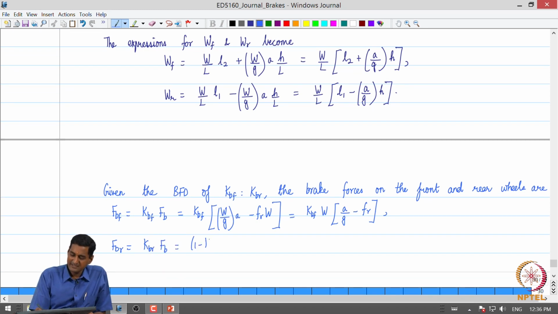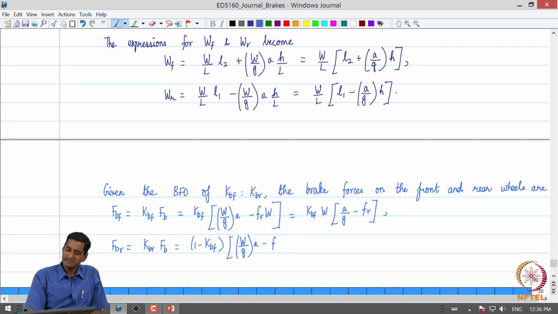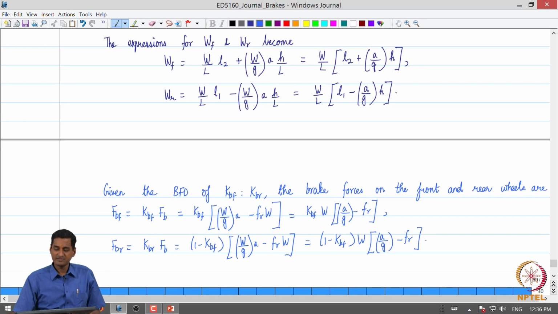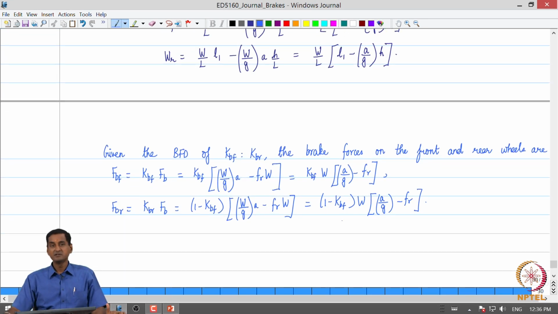KBR is nothing but 1 minus KBF, because KBF and KBR sum to 1. So, I can write KBR as 1 minus KBF times FB, the expression is still the same, W by G A minus FRW. So, here I will get 1 minus KBF times W times A by G minus FR. So, these will be the expressions for the brake force on the front and the rear.